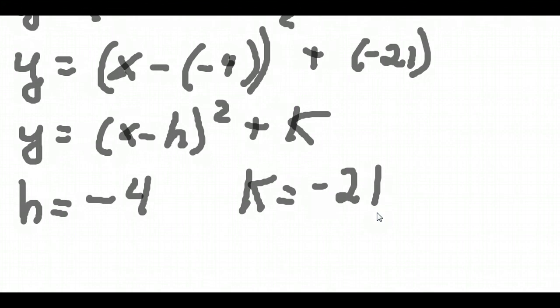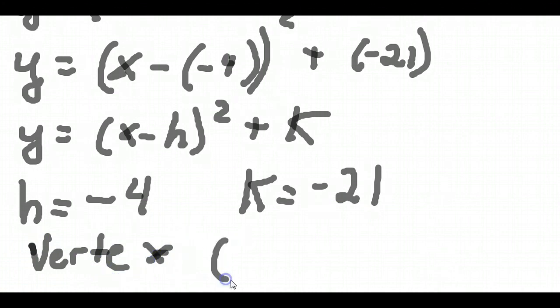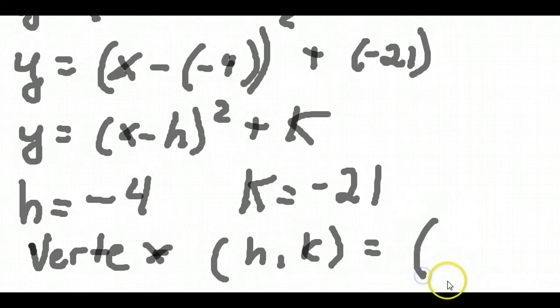Correct. So from this, we can determine where our vertex is. Because if you remember, the vertex is located at the point h, comma, k. So what is the vertex of this parabola? So h, comma, k. And we said our h is -4 and our k is -21.